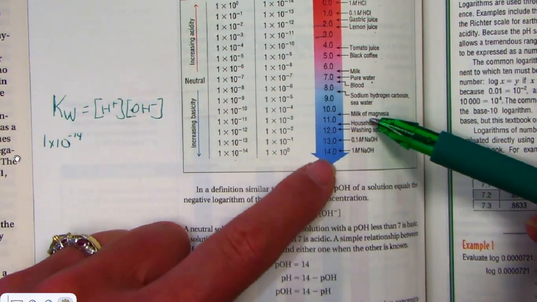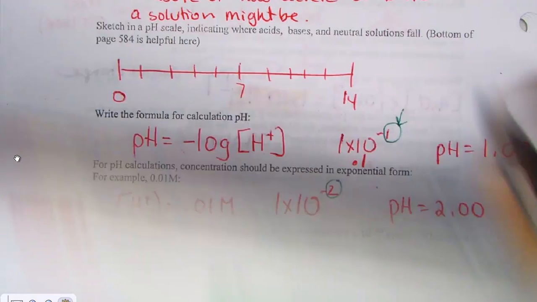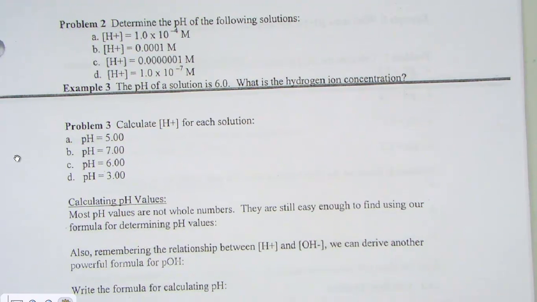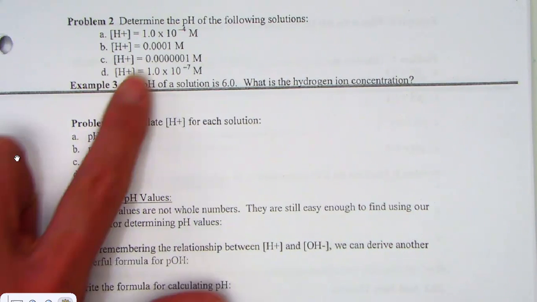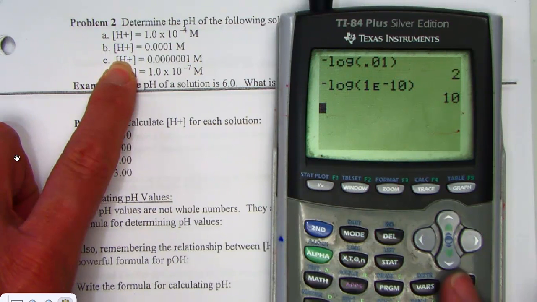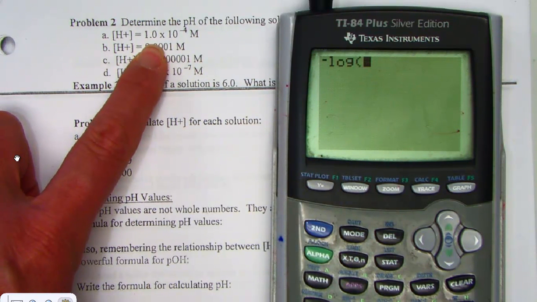We'll get an idea every time we move on our number line. It's by a power of 10, the factors of the logarithmic scale. So the number line is simply showing us the power of 10 that we have on our hydrogen ion. And every time we have a hydrogen ion given to us, the negative log of that value gives us the pH of our solution.